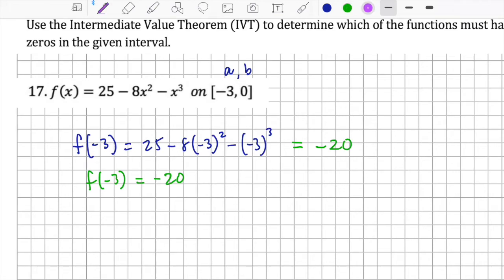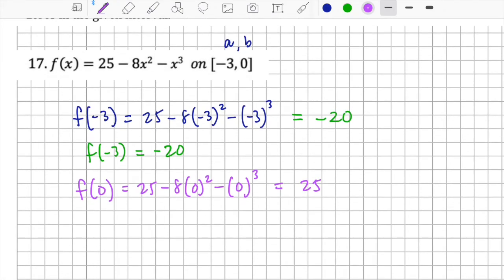So now we're going to find what is f of b, meaning what is f of 0. So now I will plug in a 0. So 25 minus 8, 0 squared minus 0 cubed. But when we plug in a 0, it's easy. It's gone, so we're just left with 25.